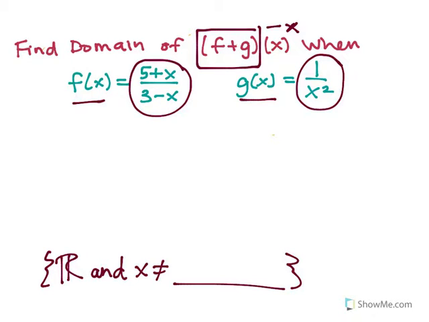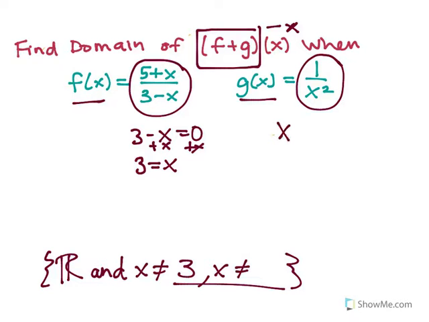So again, I'm just going to go ahead and set each denominator equal to 0, because that's what values will not work in this set. And I get 3 equals, when I add x to both sides, 3 equals x. So I know x cannot equal 3, and x cannot equal, here we set x squared equal to 0. The square root of both of these means that x equals 0, so x cannot equal 0.